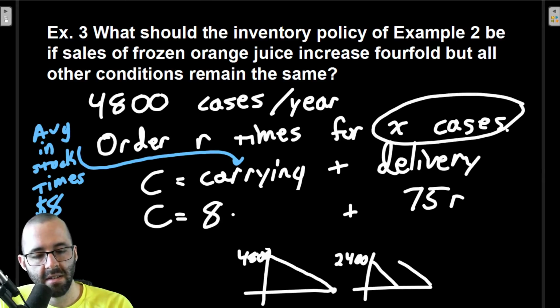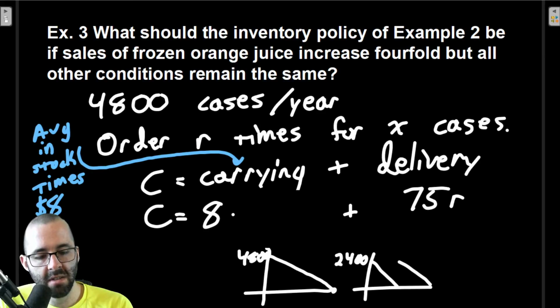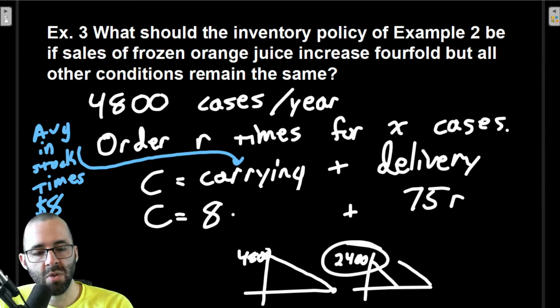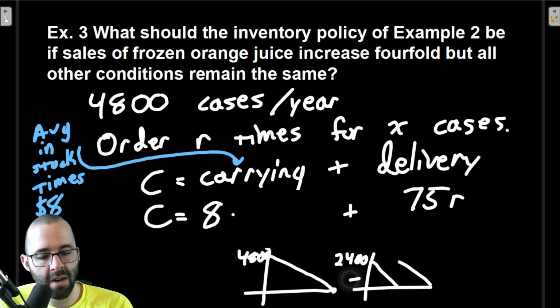X cases, so if we order once, it's going to be X divided by 2. Whereas over here, if we order twice, then we're ordering 2,400 per each one, and we're averaging half of that.